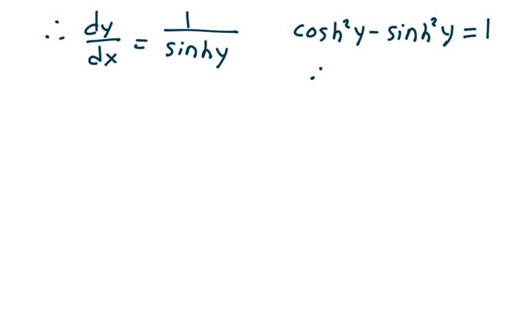So I can say that hyperbolic sine squared y is hyperbolic cosine squared y minus 1.